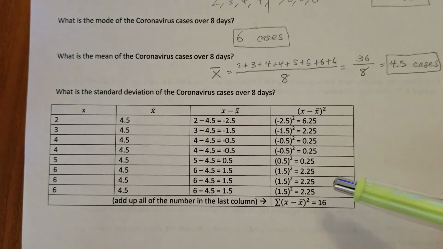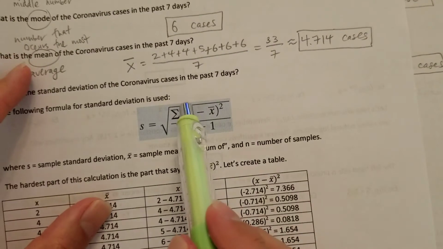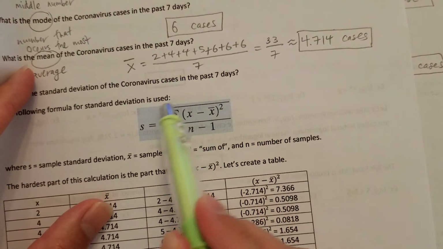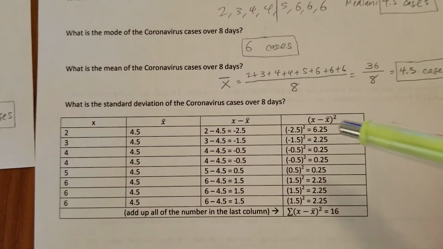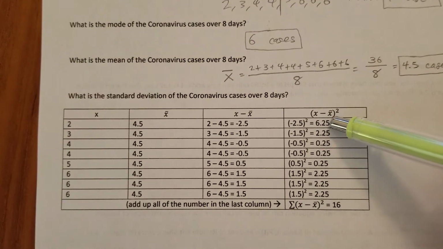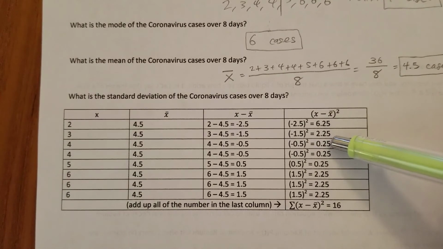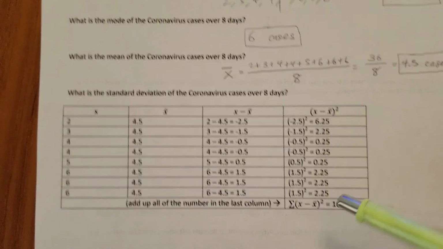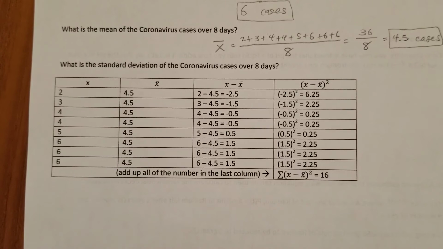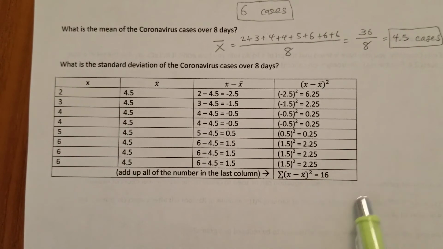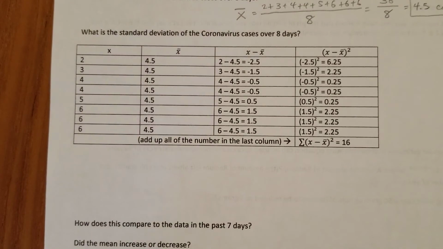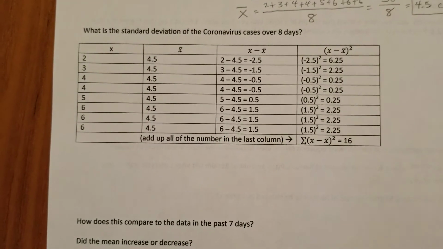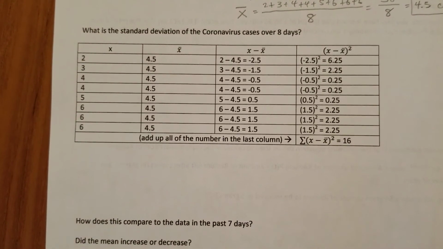Now the next part is we take the sum of all this data. So 6.25 plus 2.25 plus 0.25, etc. Add these numbers up, and you get 16.